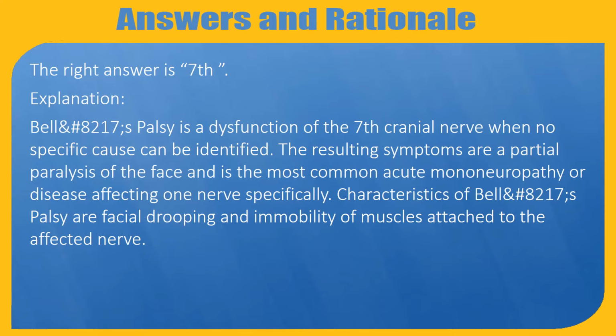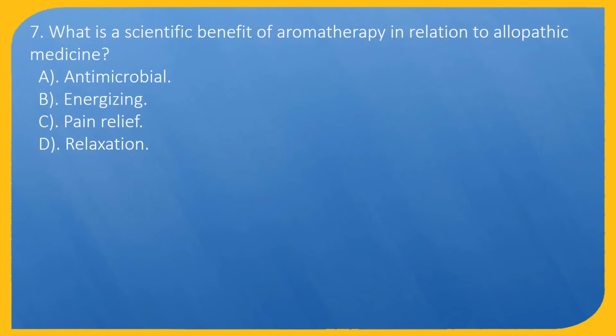The resulting symptoms are a partial paralysis of the face and is the most common acute mononeuropathy or disease affecting one nerve specifically. Characteristics of Bell's palsy are facial drooping and immobility of muscles attached to the affected nerve.